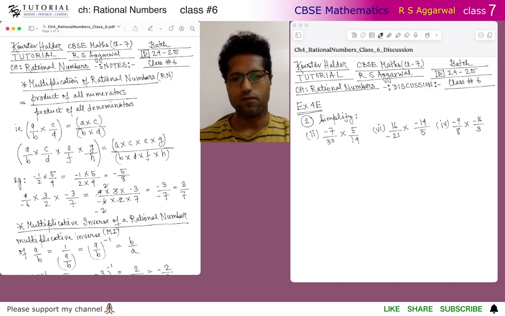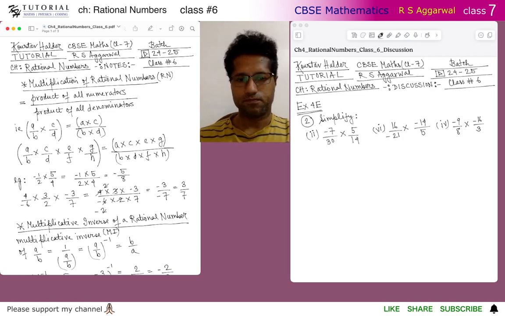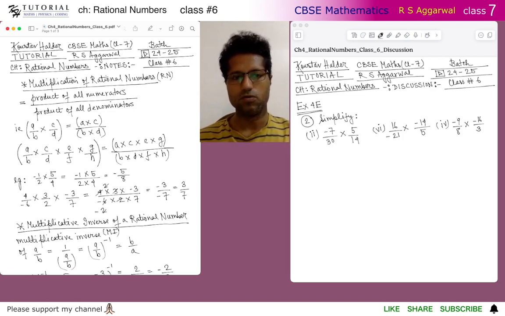For example, the product of four rational numbers A by B, C by D, E by F and G by H equals the product of the numerators, that is A into C into E into G, divided by the product of the denominators, that is B into D into F into H. So I have an example just to illustrate the concept in the notes.